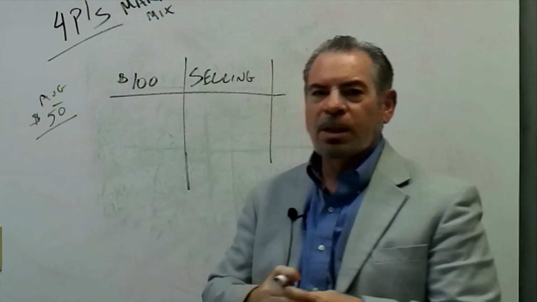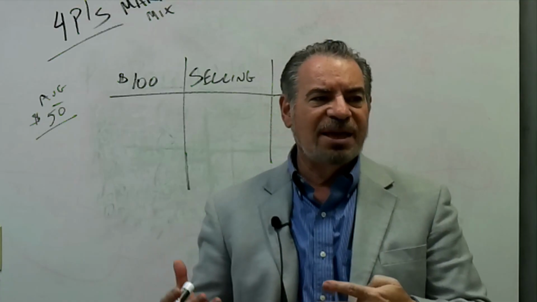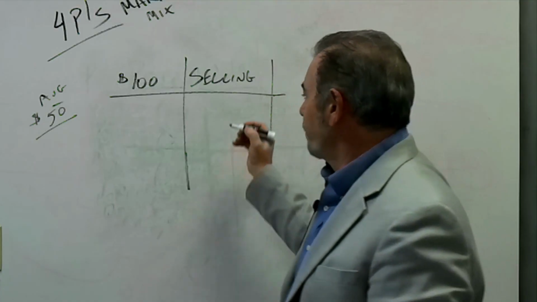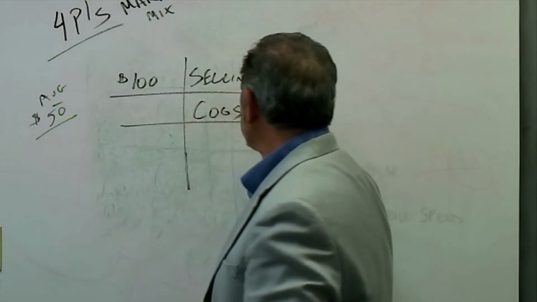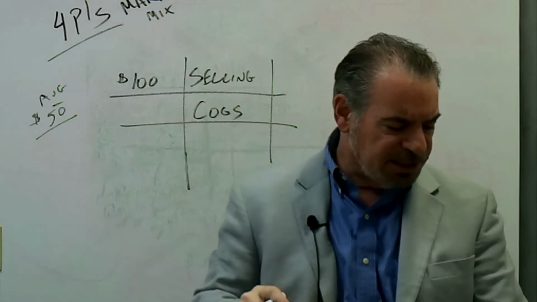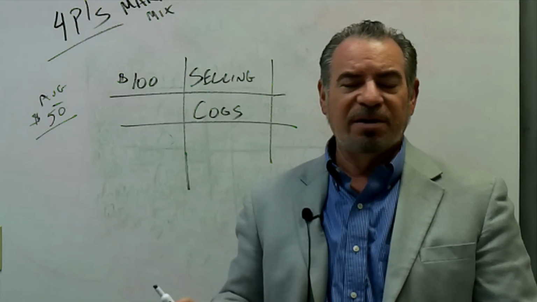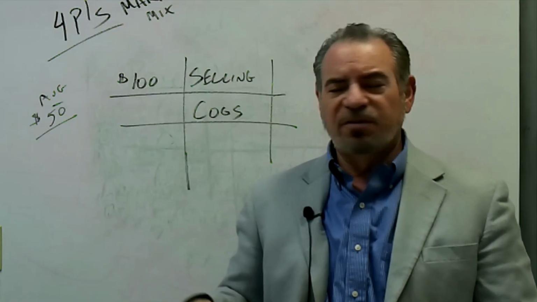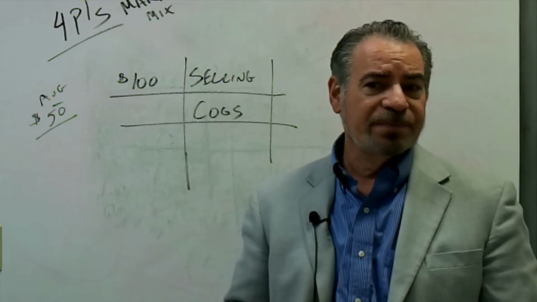All right. So now if we sell a product for $100, we have a cost of goods sold. That's COGS, C-O-G-S. In most cases, COGS represents about 50% of your selling price. So if you sell something for $100, more than likely you paid probably $50 for it.